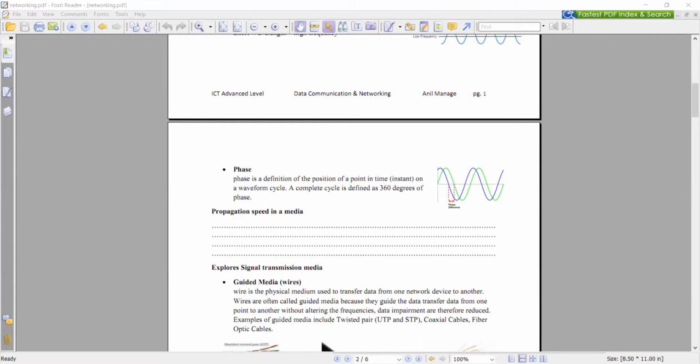Under that, write down: the speed at which a wave propagates through a given medium.